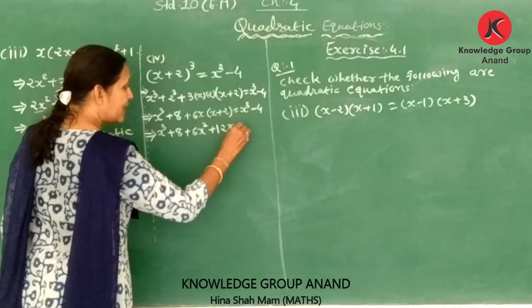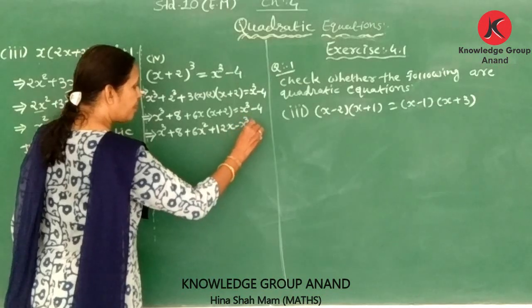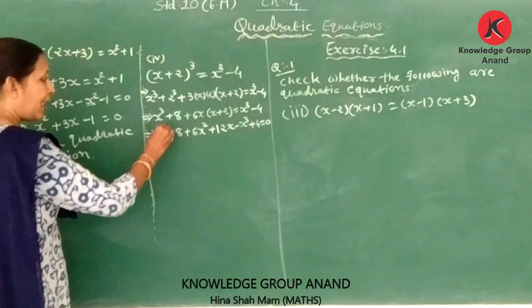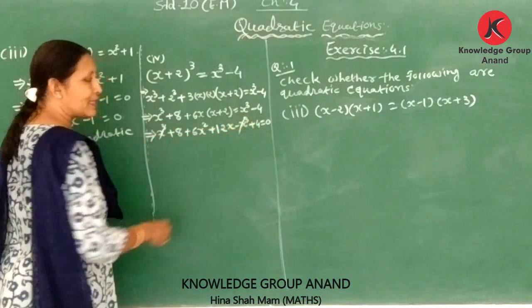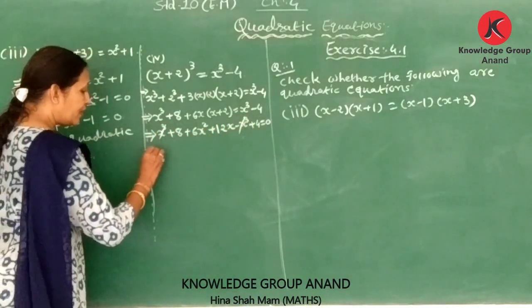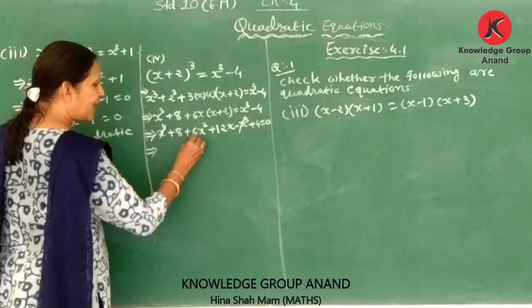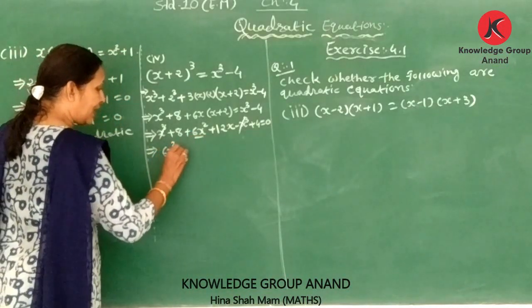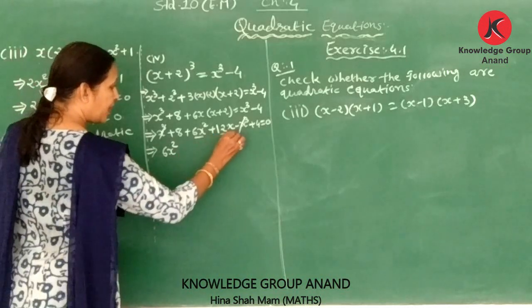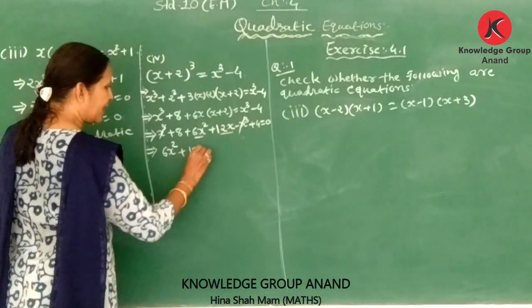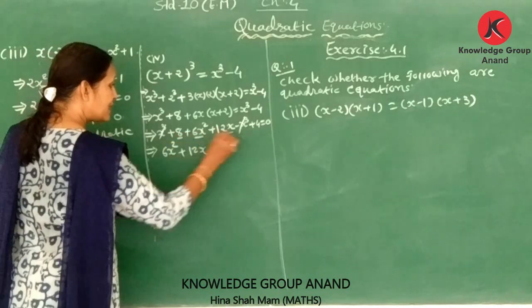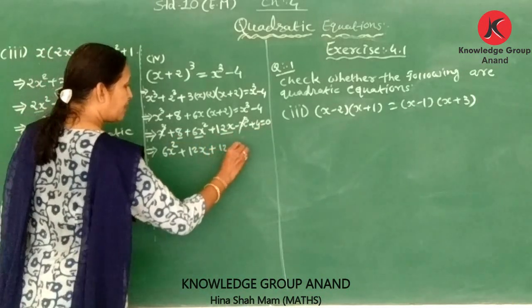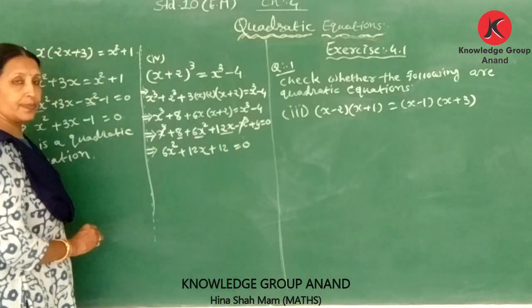All terms this side: minus x cube plus 4 equals to 0. x cube minus x cube cancels. Therefore, 6x square plus 12x plus 8 plus 4 plus 12 equals to 0.